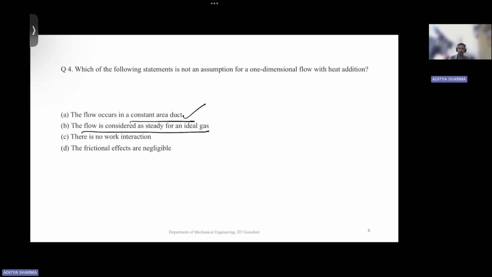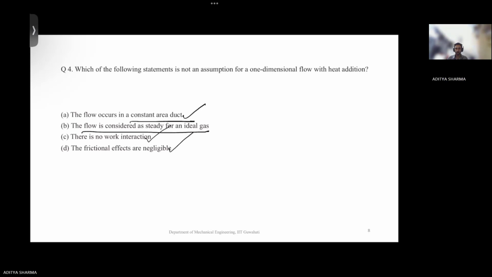Now about the second option, we are not sure. The third and fourth options are there. In the second option, what is the difference? The flow is considered steady for an ideal gas, but for assumptions, we take a calorically perfect gas. Minor differences are there between these two.